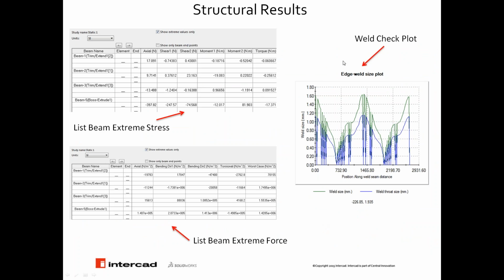Also, we can have a weld check plot, look at the variation of the weld size around its geometry, or list all the components we have here for the extreme stress values or force values.